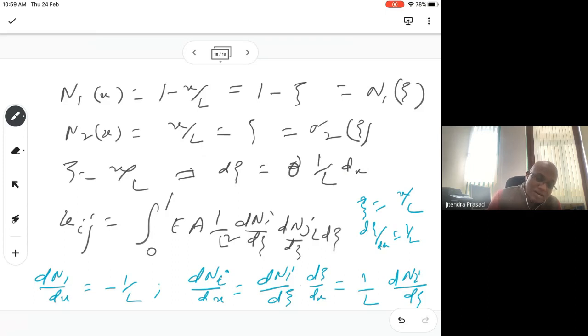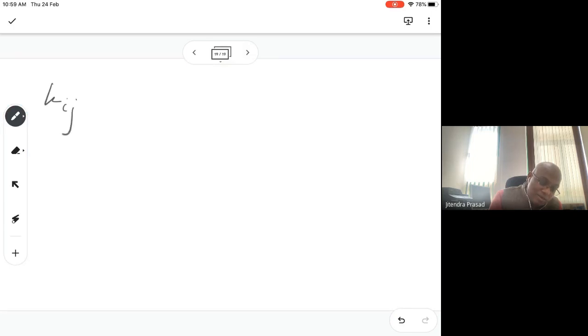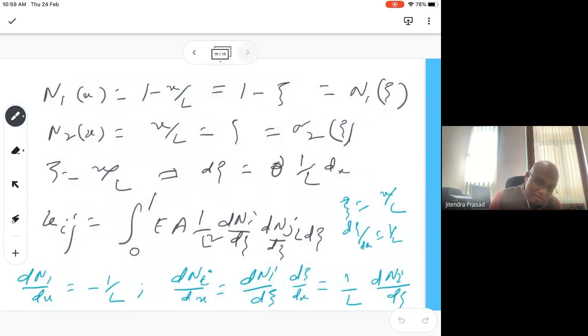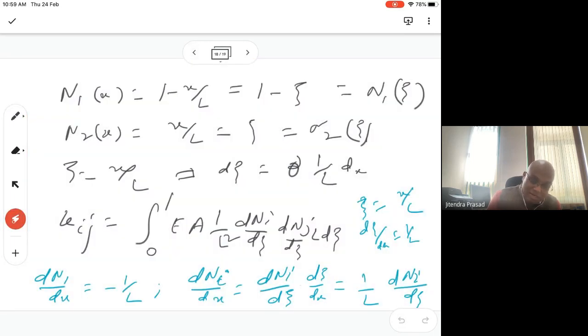So just to tell you that when you change the coordinate system, a lot of things change accordingly, right? So you have E, then A, dNi d xi, dNj d xi, and then you have 1 over L d xi. 1 over L because you have L here, then divided by L square.